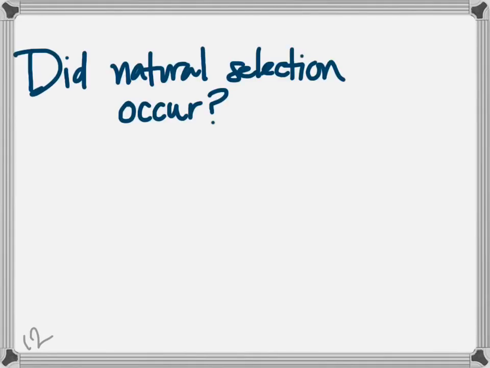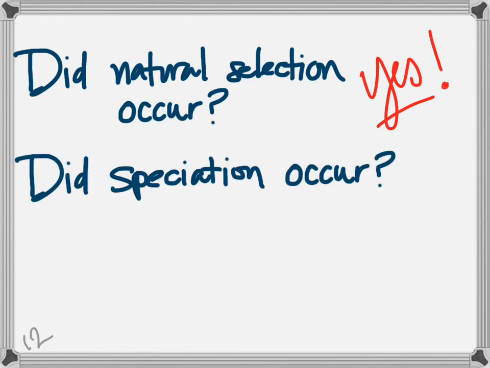Well, to sum it all up, let's ask 3 questions. 1, has natural selection occurred? Yes. The cave-dwelling tetra has been changed in a very real and noticeable way by selective pressure. 2, did speciation occur?